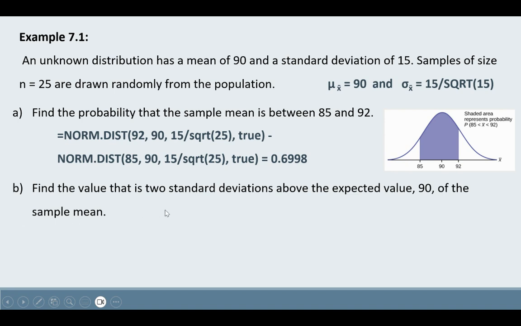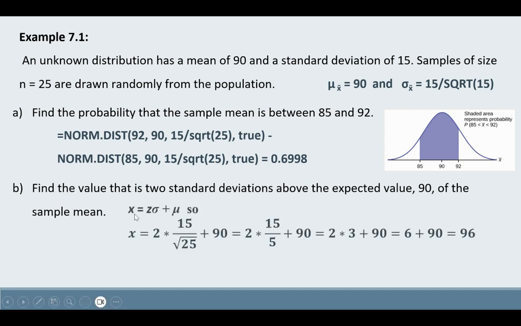So finding the value that is 2 standard deviations above the expected value 90 of the sample mean. Remember when we did chapter 6, we saw how to do this, using the formula x equals z times sigma plus mu. So we're going to take that z-score of 2, multiply it by our new standard deviation, which is 3, or 15 divided by the square root of 25, plus mu sub x bar, which is 90.